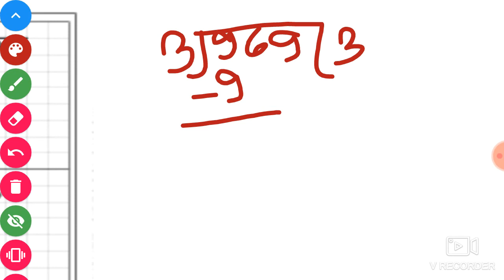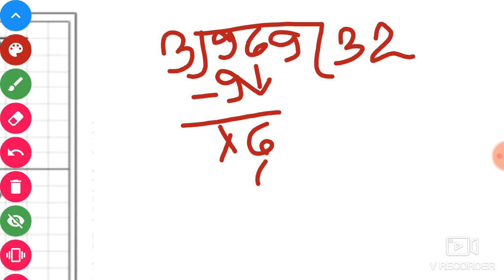Now what we will do? We will subtract 9 from 9. How much we will get? We will get a cross. Now we are left with 6. We will carry down this 6. Now, do we get 6 in 3's table? Yes. 3 2s are 6.